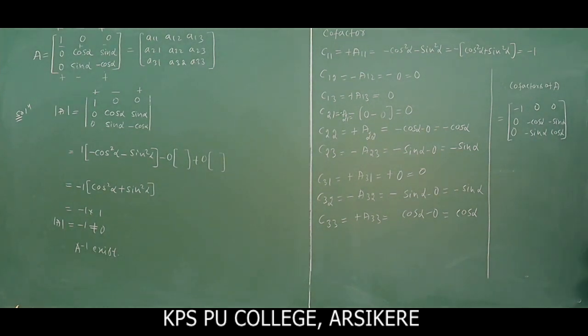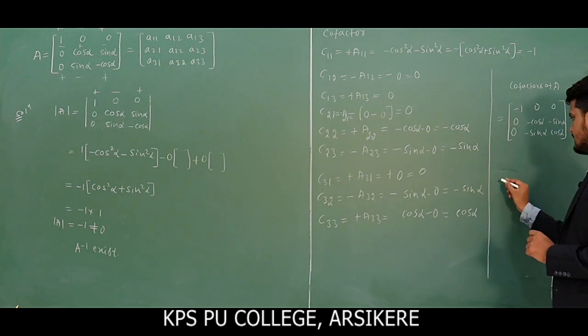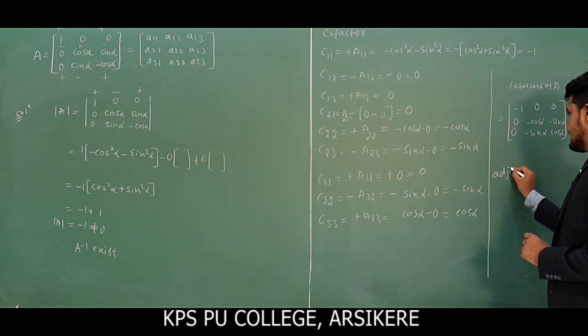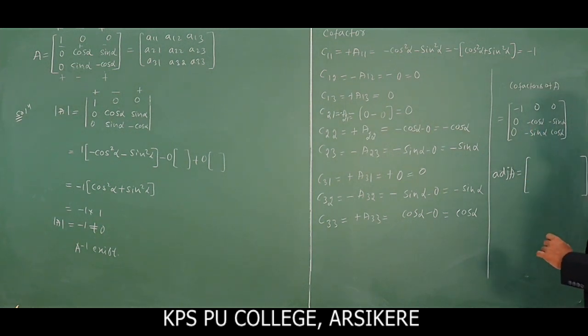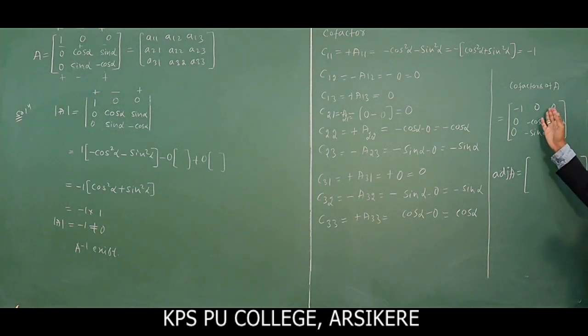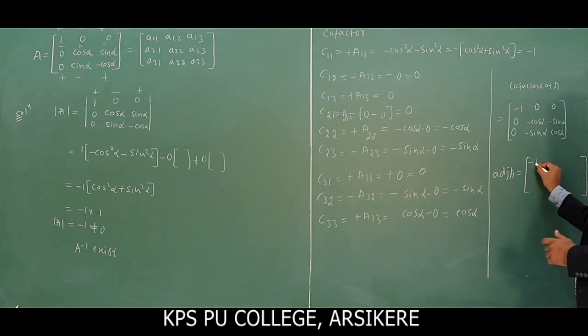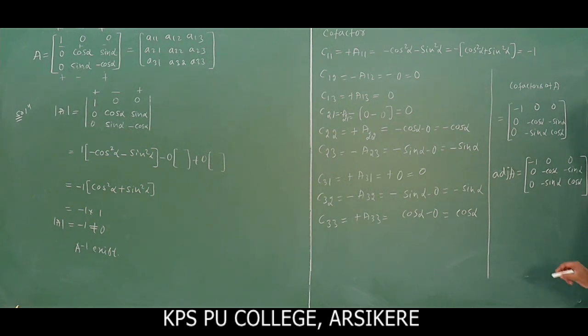This is the value of the cofactor of A. So next we have to find adjoint A. Adjoint A is nothing but the transpose of the cofactor, that means interchanging rows into columns and columns into rows. So minus 1, 0, 0; 0, minus cos alpha, minus sin alpha; 0, minus sin alpha, cos alpha. So directly we can find the A inverse value.